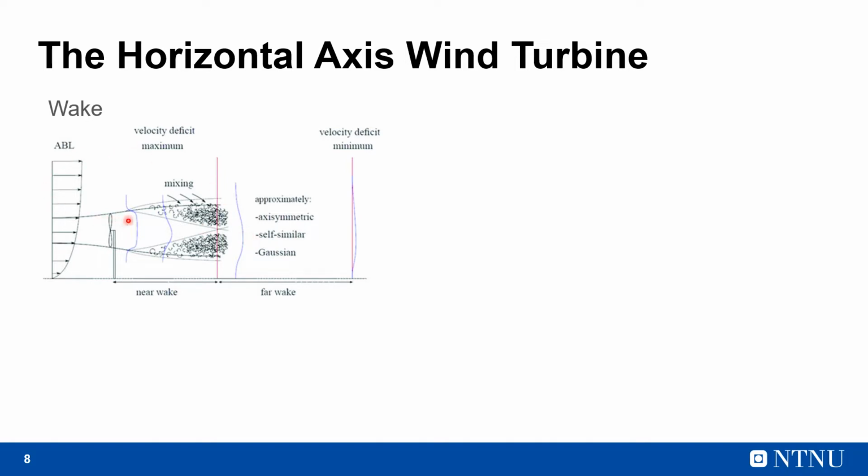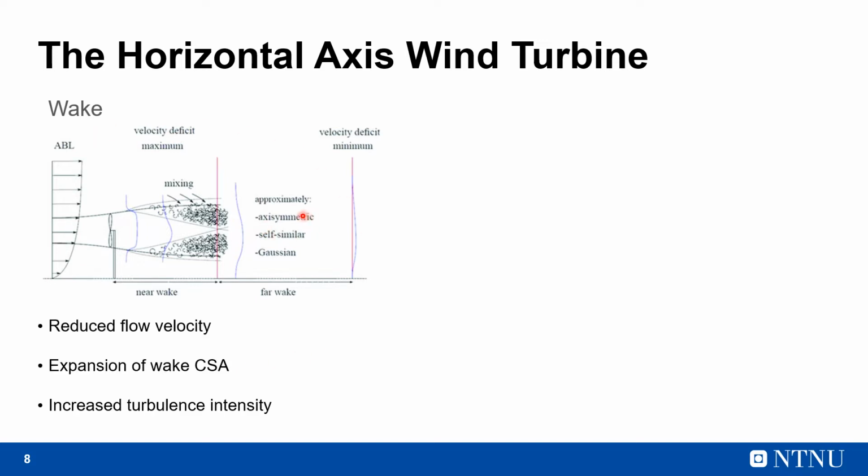As the wind travels further downstream, because of mixing with the free stream, the velocity deficit recovers after reaching a velocity deficit minimum. The wake is thus characterized by reduced flow velocity, expansion of the wake cross-sectional area, and increased turbulence intensity.